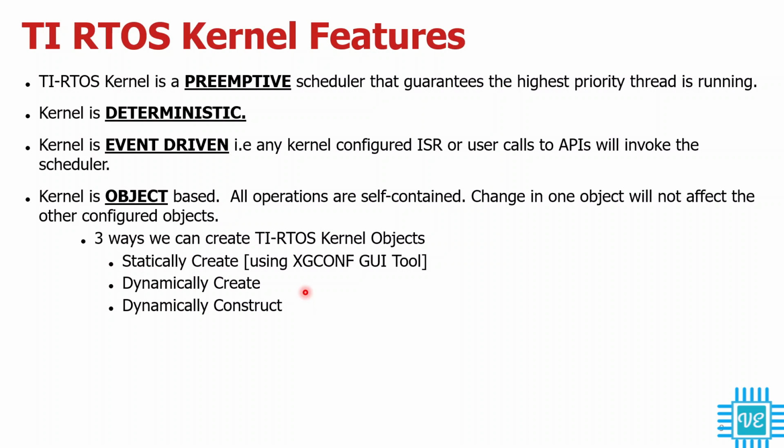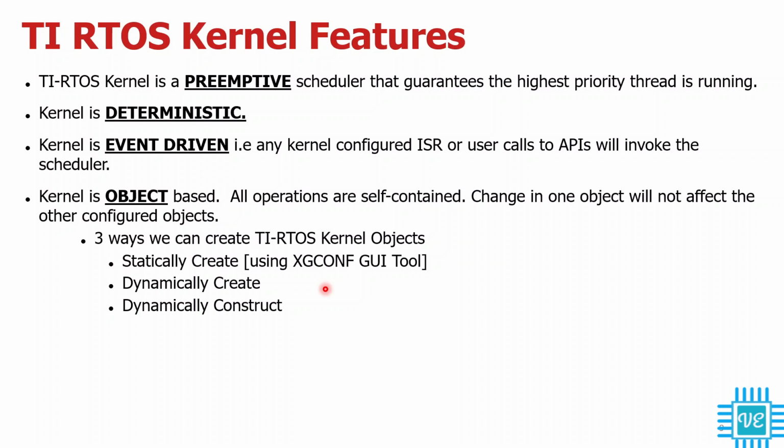All the examples provided by TI-RTOS use dynamically construct, but in this series of tutorials I am going to use the dynamically create method to create the TI-RTOS kernel objects. Every method has its own advantages and disadvantages, and it is up to the application engineer to choose which method to proceed with.